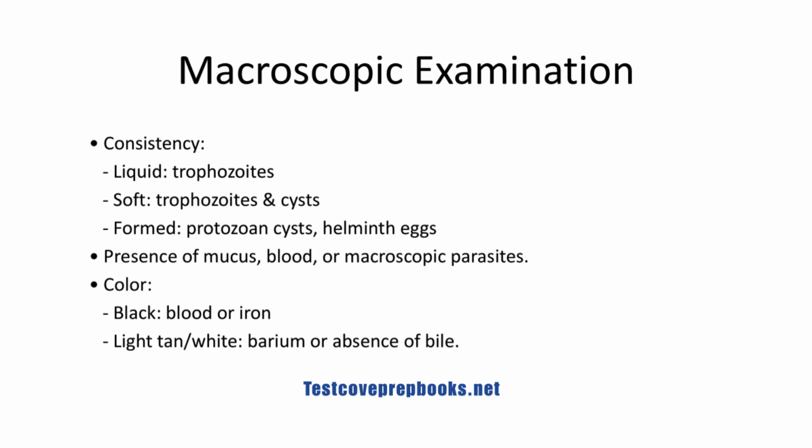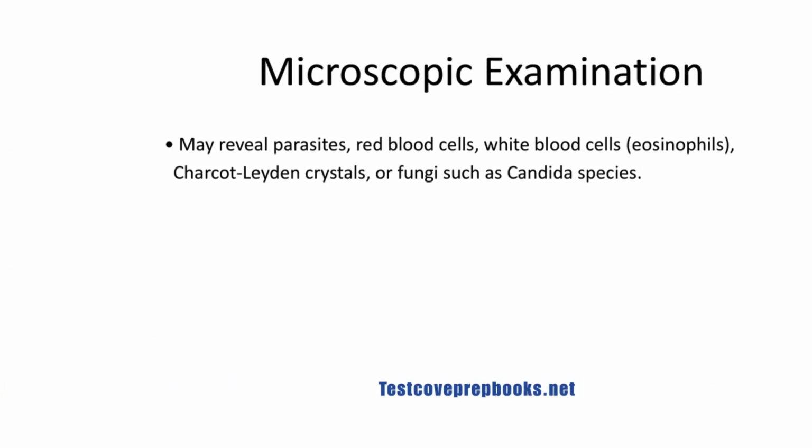Soft specimens may contain trophozoites and cysts, and formed stools are more likely to contain protozoan cysts or helminth eggs. The presence of mucus, blood, or visible parasites should be noted. Stool color can be informative. Black may indicate blood or iron, while light tan or white can suggest barium or absence of bile.